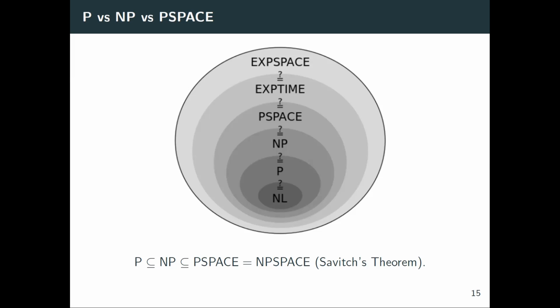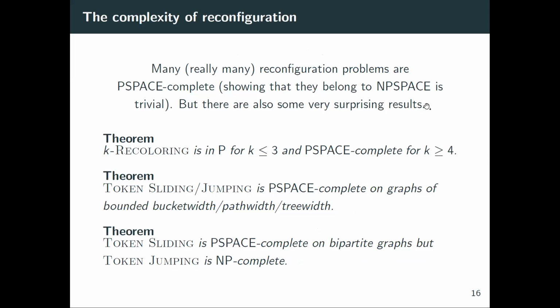And that's extremely useful when you start to think about reconfiguration problems, because if you think of a reconfiguration problem where you're given some state and you want to reach the other one, you can solve that easily in non-deterministic polynomial space, which basically implies that they are in PSPACE. But actually you can show a lot more than that. You can show that really many reconfiguration problems are actually PSPACE-complete, which is not surprising.